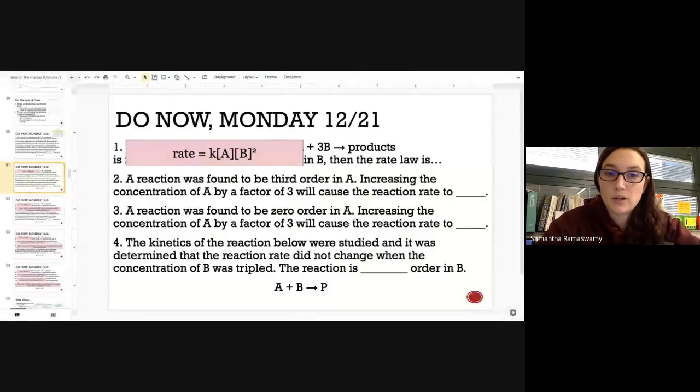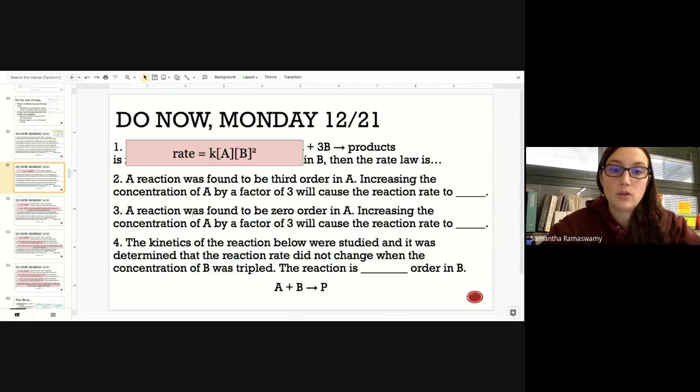If it's first order, like A in number 1, whatever we do to the concentration, we do the same thing to the rate. For second order, whatever we do to the concentration, we do that squared to the rate. And if it's third order, whatever we do to the concentration, we do that cubed to the rate.